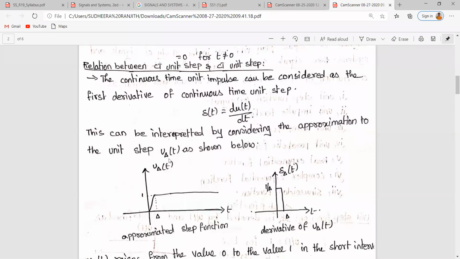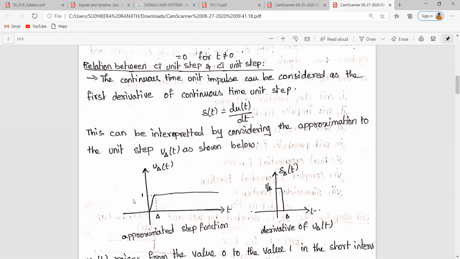What is the difference between the ideal and practical version? For the ideal version, the amplitude changes straight away at t equals 0. But for the practical version, it takes some time to change the amplitude from 0 to 1.